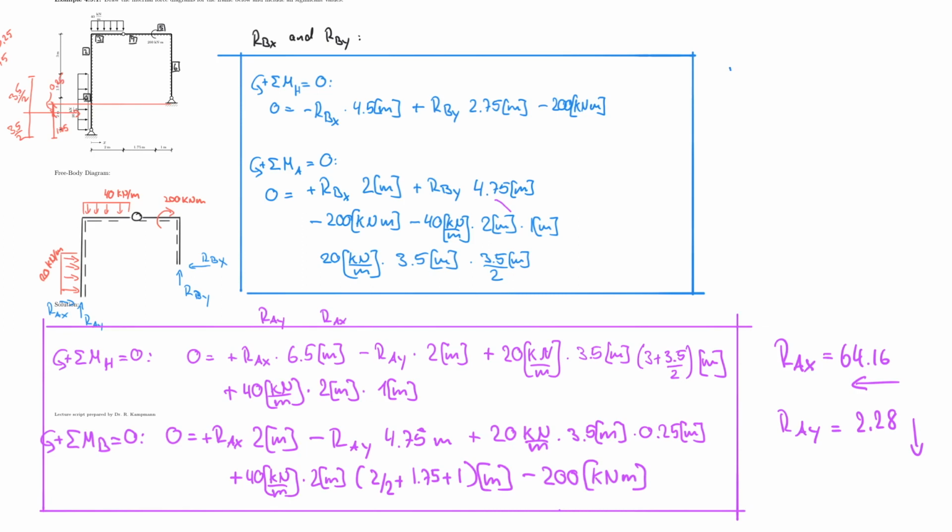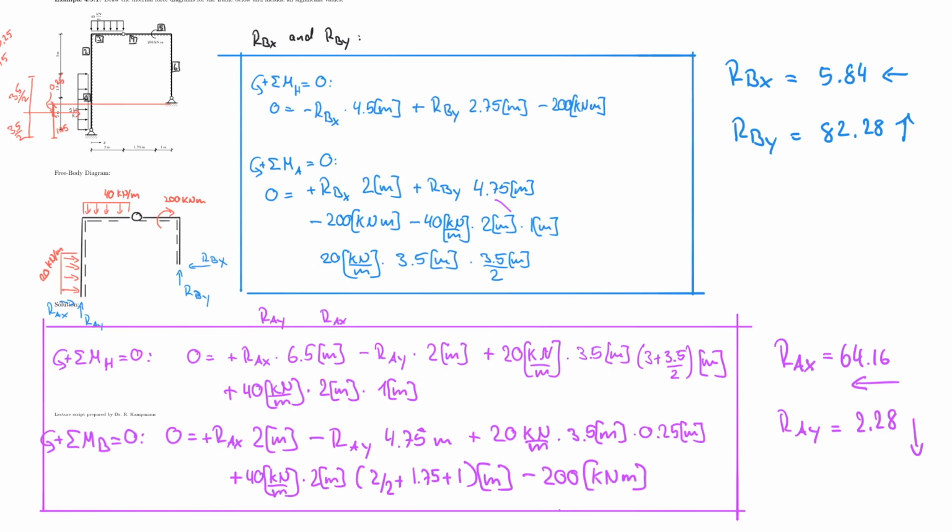I could do the same thing for Rbx and Rby, which if I solve them, then I would find 5.84, and that would be positive, which means I assumed correctly to the left. And for Rby, it would be 82.28 upwards. So therefore, my result would also be positive in this set of equations.